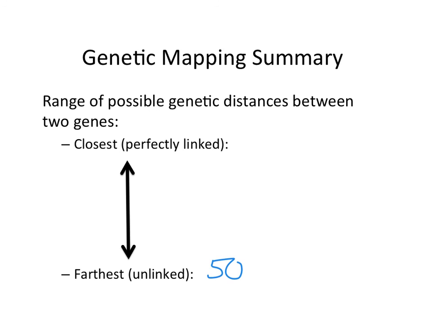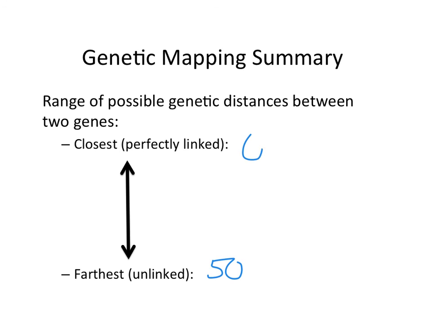If the genes are absolutely right next to each other on the chromosome, what's the probability that recombination happens between them? That the chromosome breaks right there and recombines with another sister chromatid? Not high. It's very, very low probability.